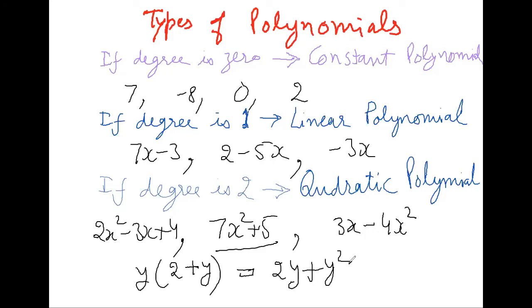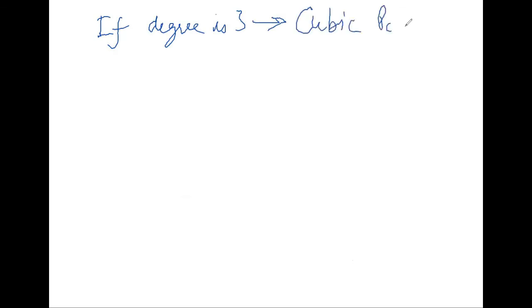Now, if the degree is 3, what do we call that? Write down with the black pen. If degree is 3, then we call it a cubic polynomial. Cubic polynomial.